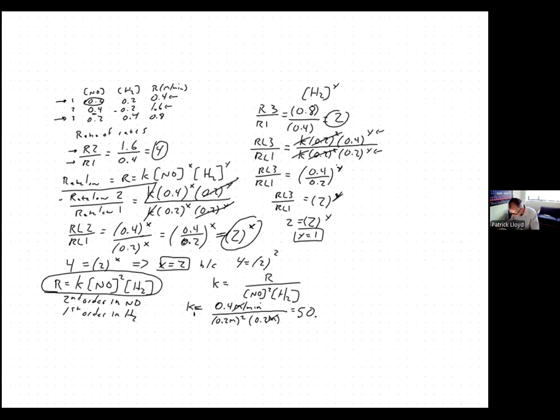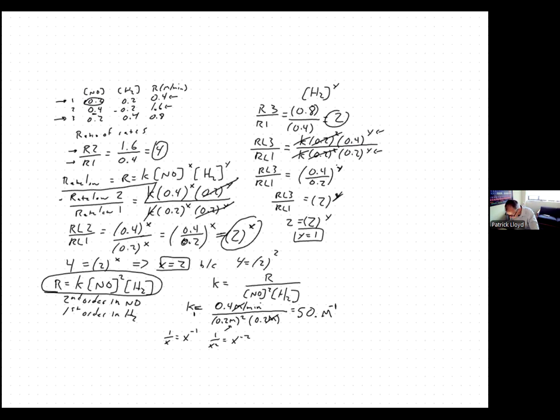So those molars are gone, and now you have molarity in the denominator. When it's in the denominator, we tend to write it as -1 because 1 over x equals x to the -1. That's a notation we use a lot in chemistry. 1 over x squared would be x to the -2.